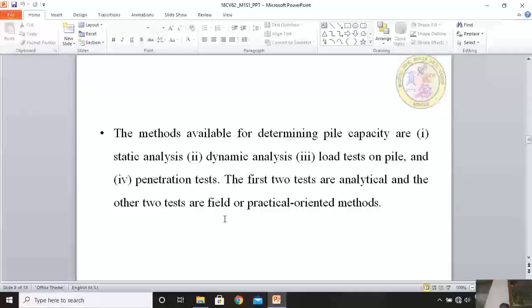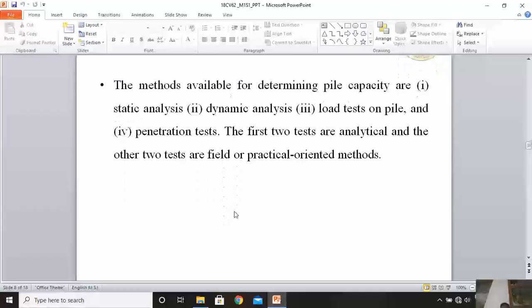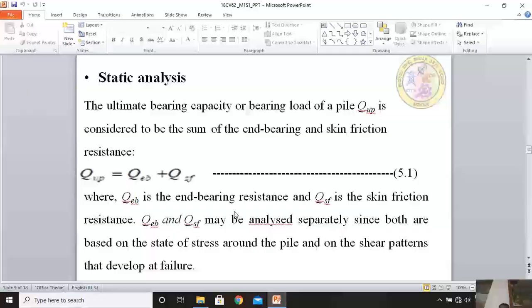Okay, now I want to explain in detail how to calculate the ultimate capacity of the pile by static analysis. Here the ultimate bearing capacity or bearing load of a pile, that is Qup, is considered to be the sum of the end bearing and skin friction resistance.